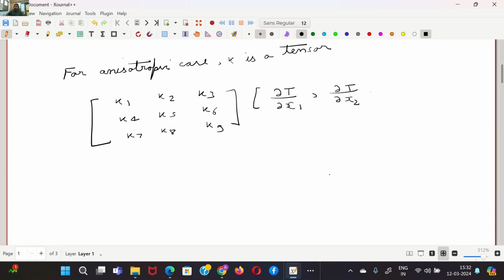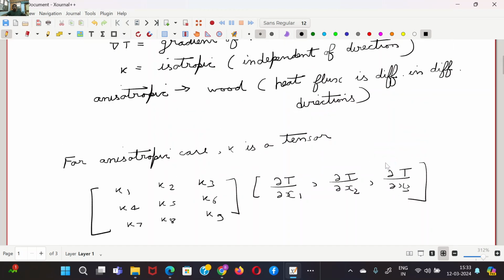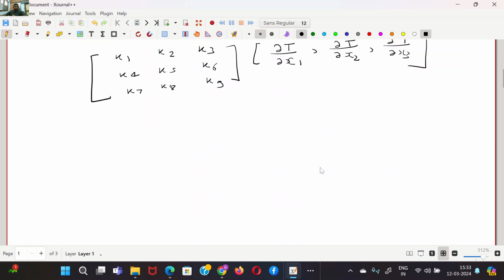Say I'm taking x1, x2, x3 are the three directions instead of x, y, z. So you can dot it. I mean, this is a bit advanced, but just giving you an idea. In this case, K is isotropic for our case. And I'll just make another small note.